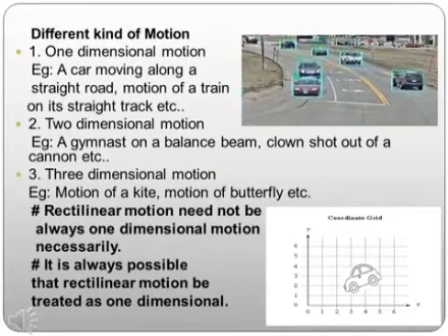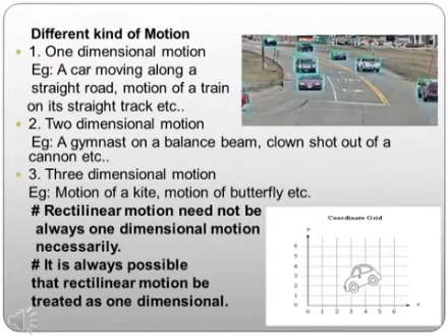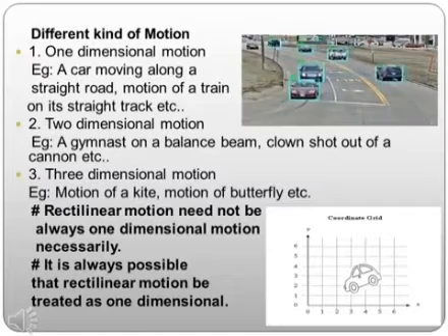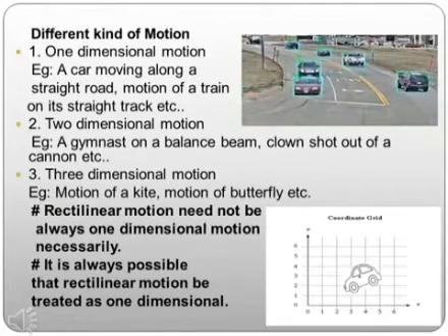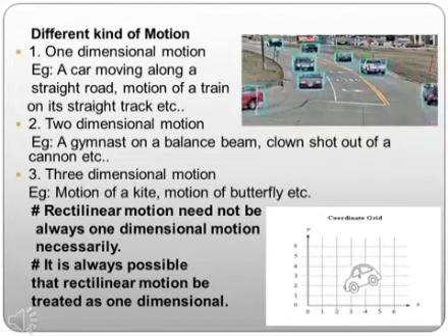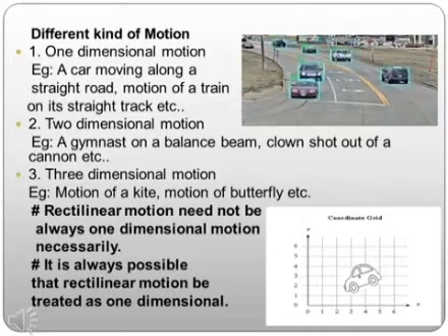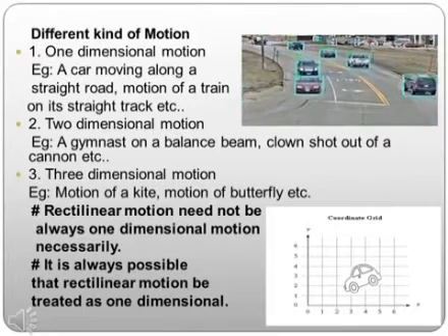We use one coordinate axis. It may be the x-axis or y-axis or z-axis to describe this kind of motion. Examples: a car moving along a straight road, motion of a train on its straight track, etc.